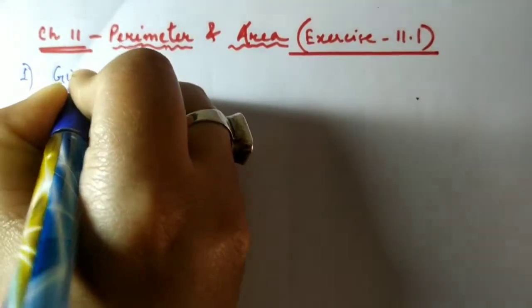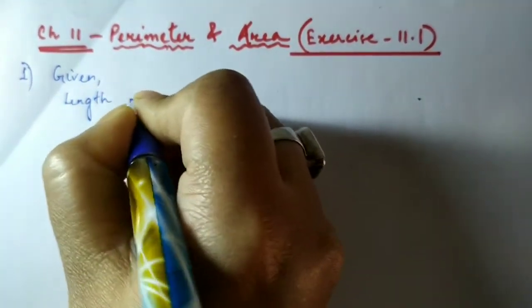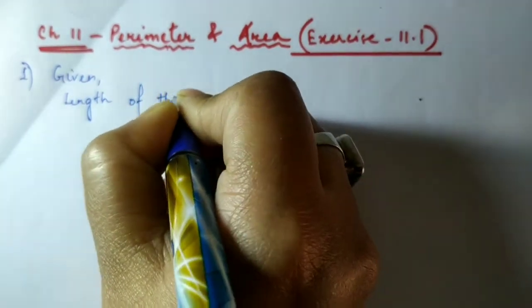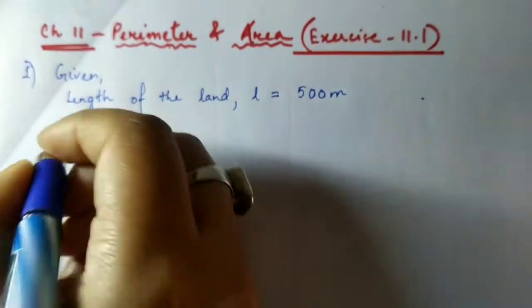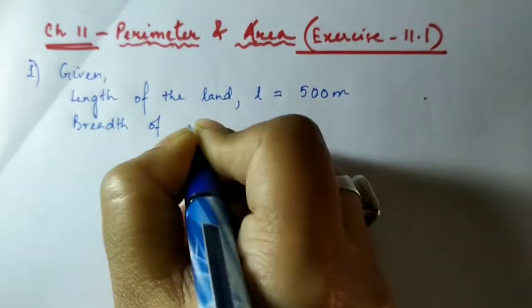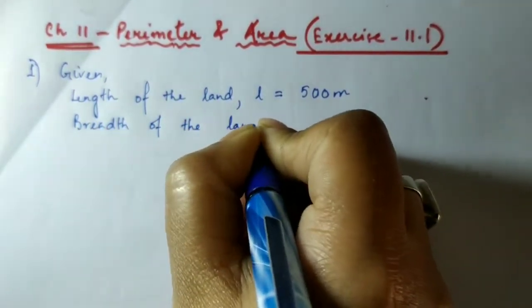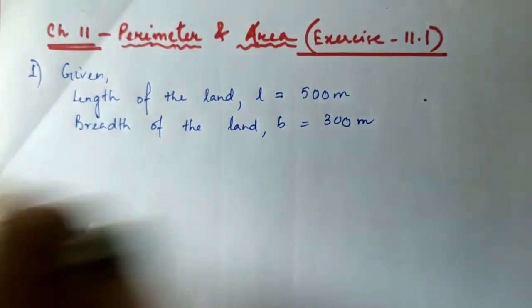Given: length of the land, I'm just writing L equal to 500 meter, and breadth of the land, B is equal to 300 meter. So these are the two things given.